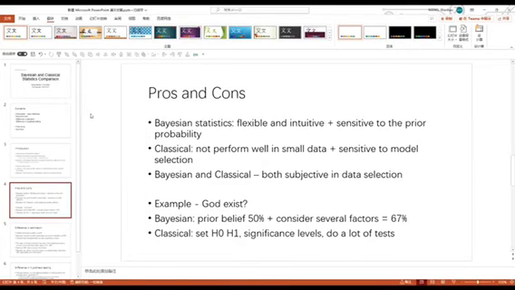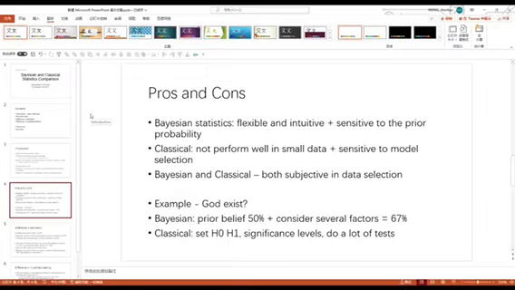What about the pros and cons of these two methods? Bayesian statistics is flexible and intuitive, but it's sensitive to the prior probability. Classical statistics doesn't perform well with small data, and it is sensitive to the model, as we elaborated before.